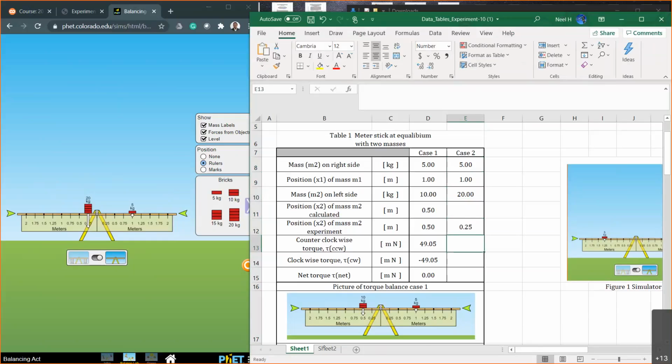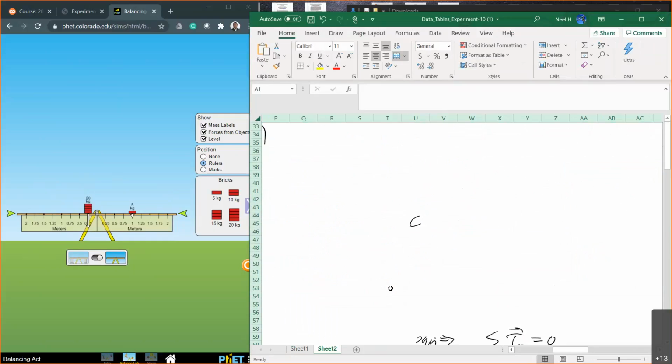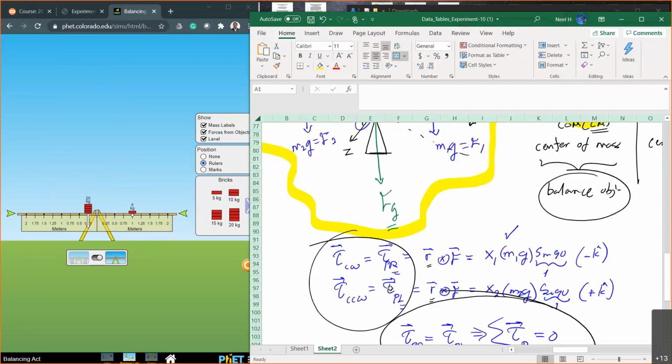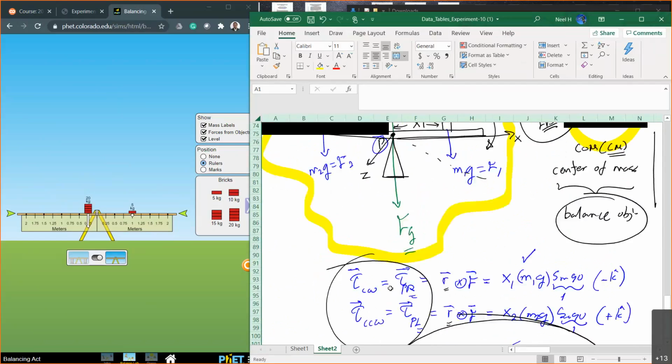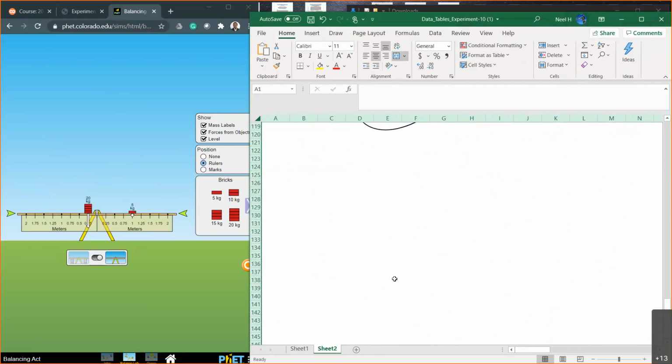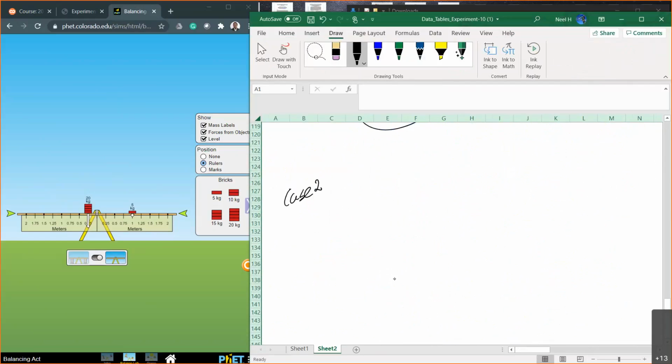So let's take a look at the theoretical value very quickly. You know now how to do the theoretical value. Do it here now, case 2. Now you know the sum of all the torque around point P should be 0. Which means the sum of the torque around P on the right hand side should be equal to the torque around P on the left hand side. Right hand side I have 5 kilogram, 5 times 9.81 times 1.0 meter, in Newton meters.